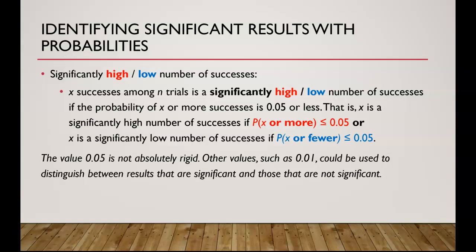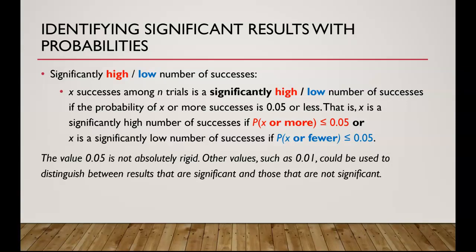That is, X is a significantly high number of successes if P of X or more is less than or equal to 0.05, or X is a significantly low number of successes if P of X or fewer is less than or equal to 0.05.